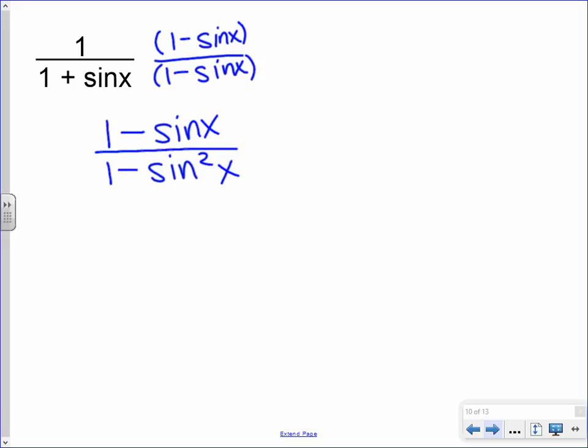Another thing you need to be on the lookout for is when 1 is grouped together with cosine squared or 1 is grouped with sine squared. If you rearrange this formula, 1 minus sine squared is the same as what? If we subtract sine squared to the other side, 1 minus sine squared is the same as cosine squared.